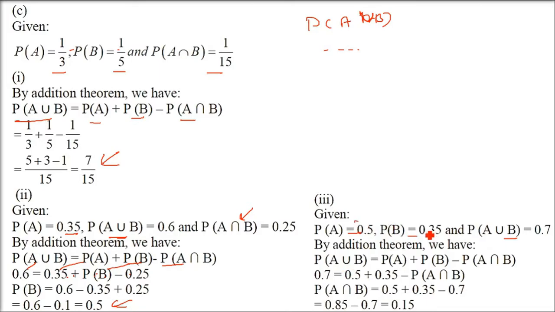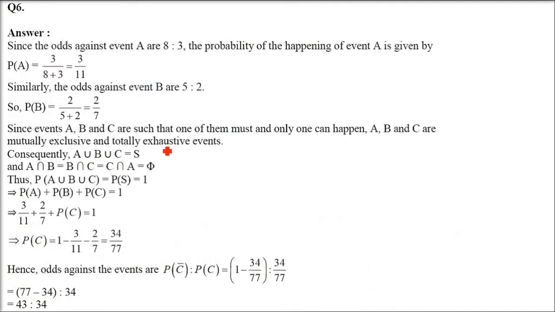Same again, addition formula, 3 values are given, 1 is not given, you can find it out. So PA intersection B is going to be 0.15. This is very straightforward, you just have to use the addition formula.